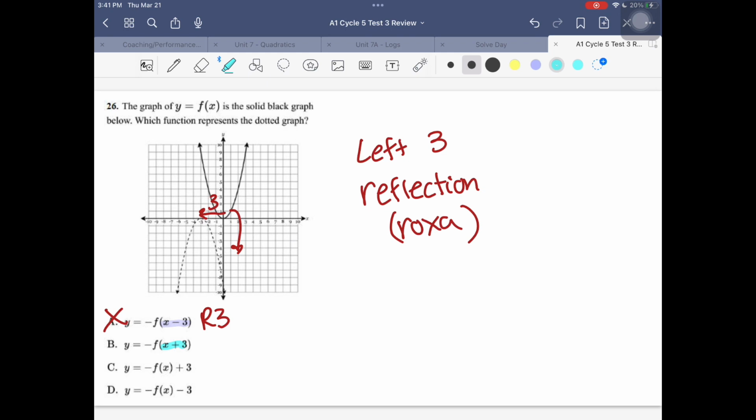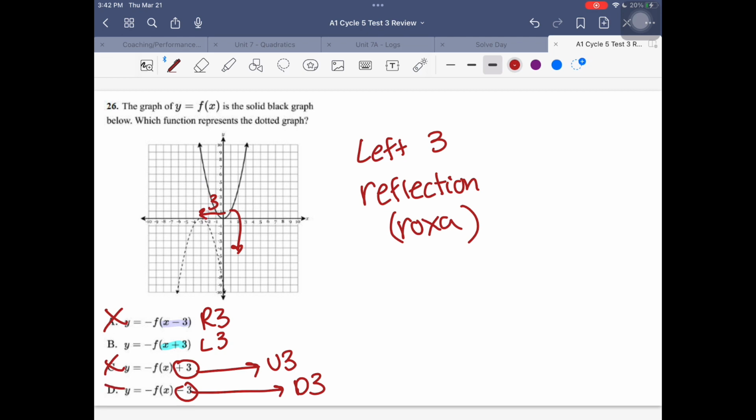Remember, crazy x. This is going left 3. This one looks promising. This one means up 3, and this means down 3, so these don't work either. So it looks like my answer is going to be B. I like to do this first so it doesn't trip you up. Put all the transformations first.